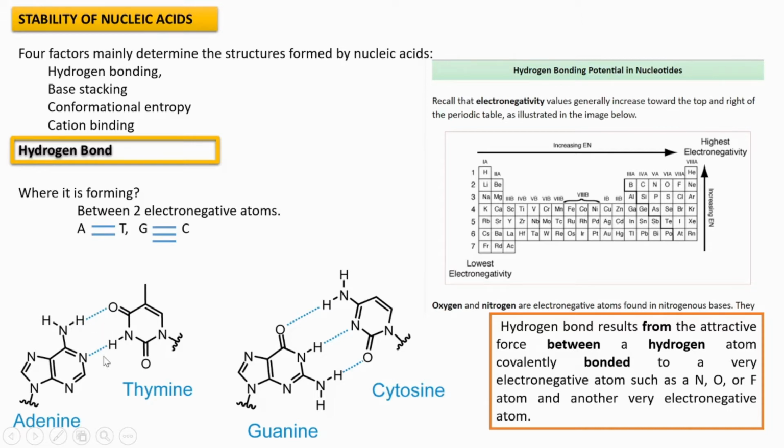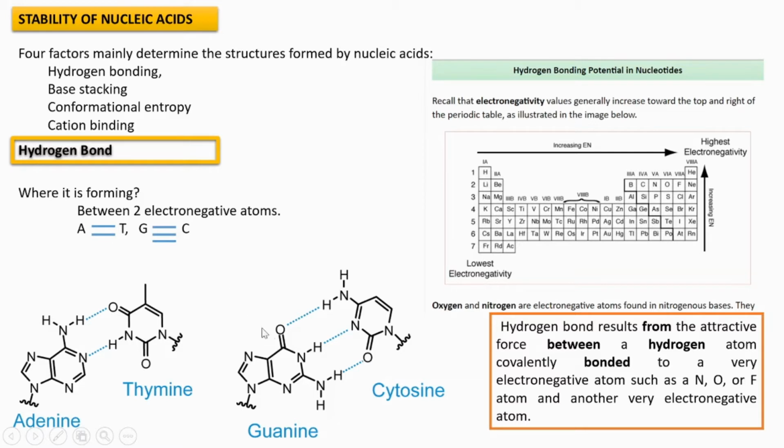Hydrogen bond is forming. Here also the electronegative nitrogen is there, again between nitrogen, the hydrogen bond is forming. Look here, in the case of guanine and cytosine, there is a chance for forming three hydrogen bonds between the electronegative atoms, like oxygen, nitrogen, nitrogen and oxygen.